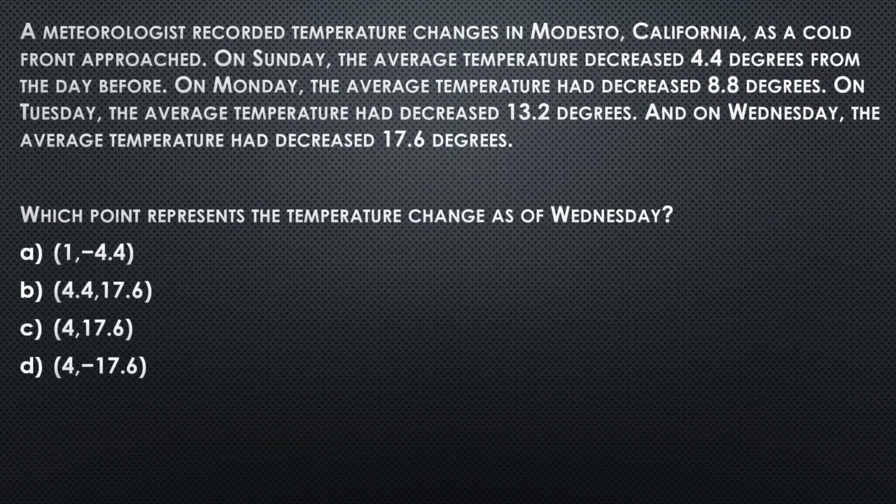Okay, so we need to think about this a little bit abstractly from what is actually happening here. And think about our x here. So we have our x comma y. Think of x as the number of days and y as the temperature. Okay, so this experiment started on Sunday.